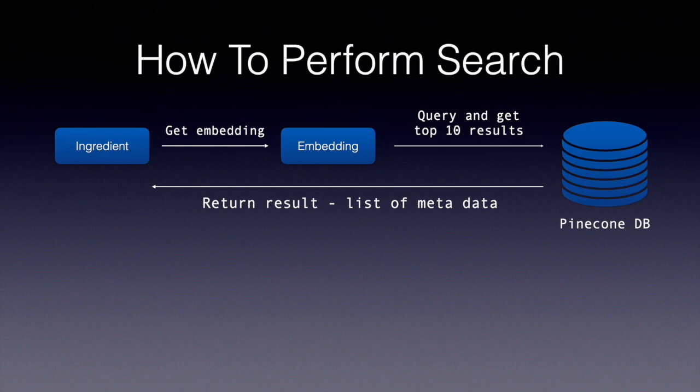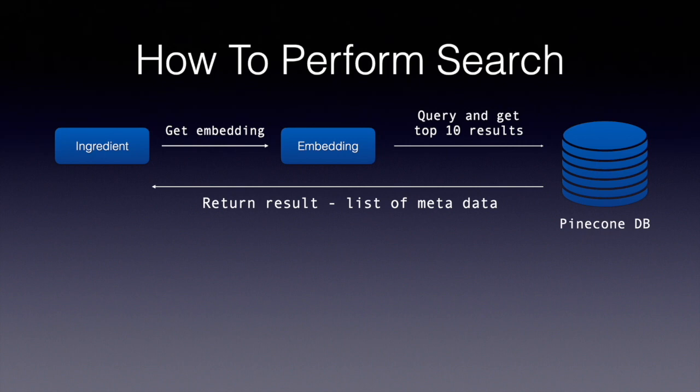I will still get some results from Pinecone, because it is doing a search. It is trying to find the embeddings which are closest to our query embedding. So it might return some results that are far off, but that's not what we want to send to our user.